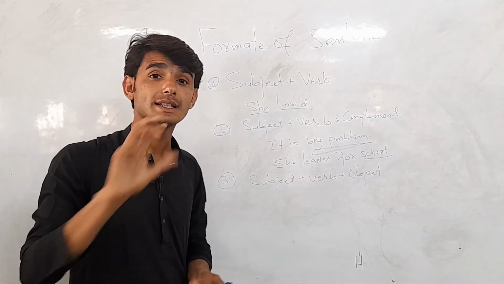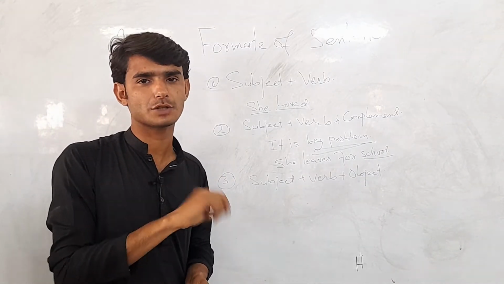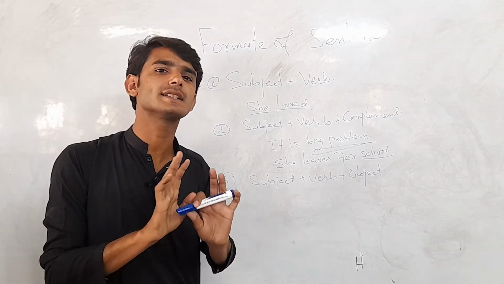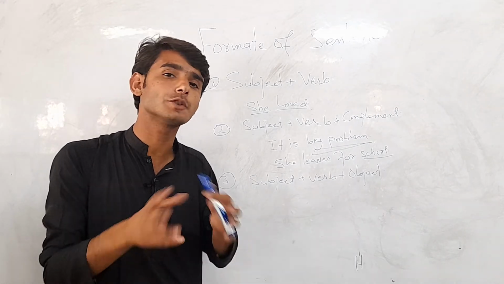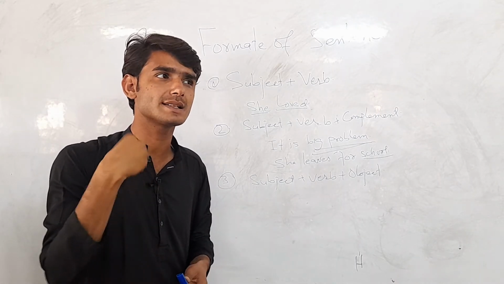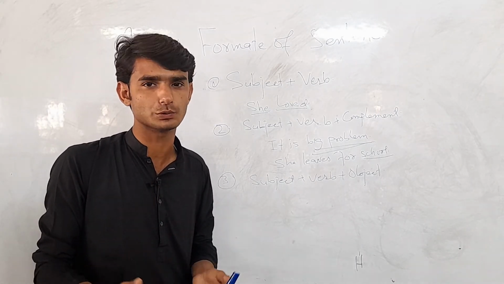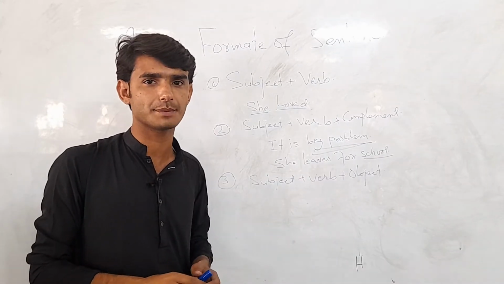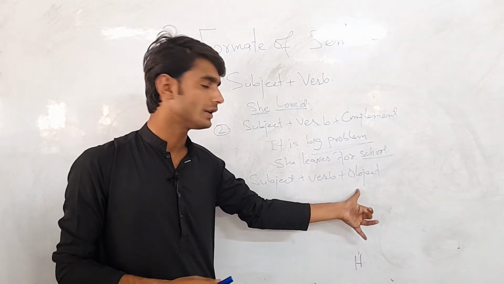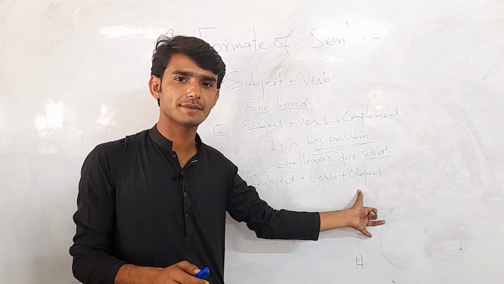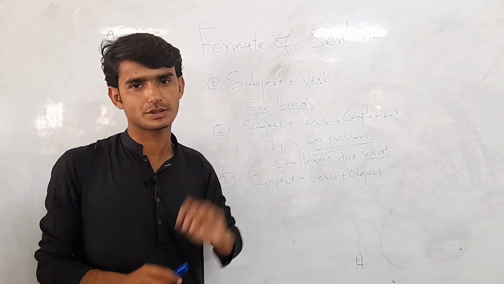If it cannot be converted from active to passive, we will say it is not the object. It would be the complement, or it is something else. It can be the adverbial too. We will also see that format of the adverbial.